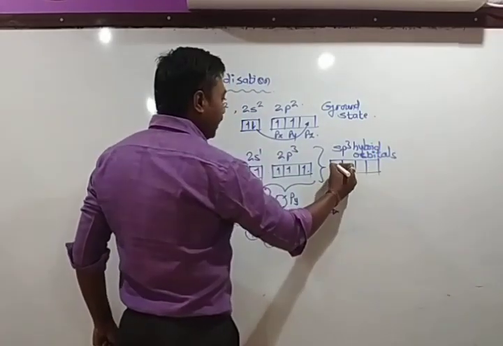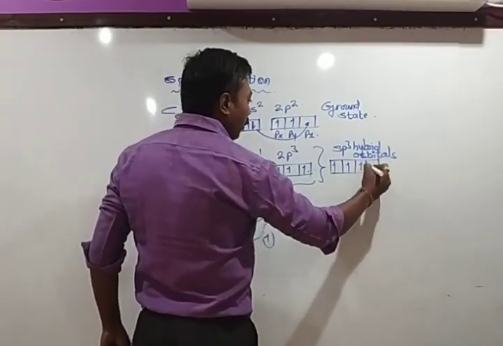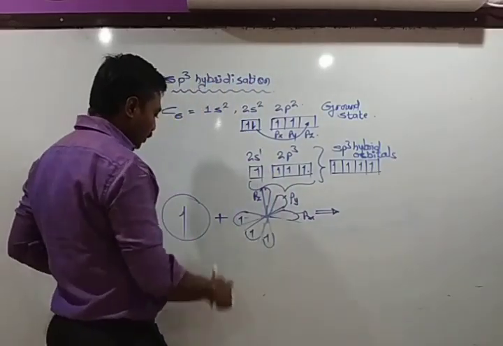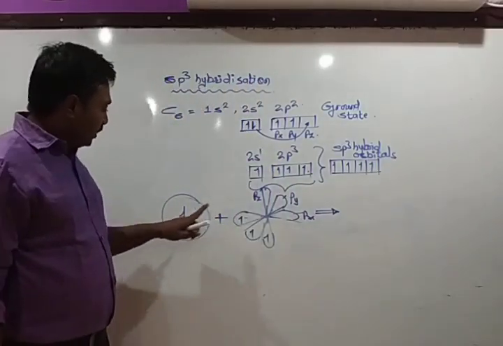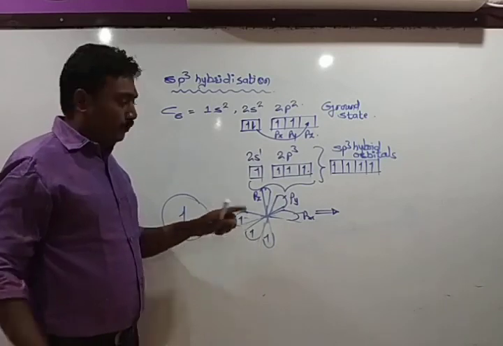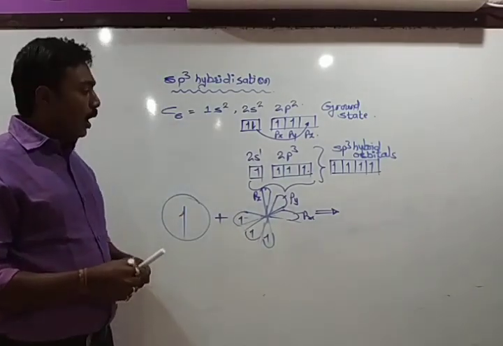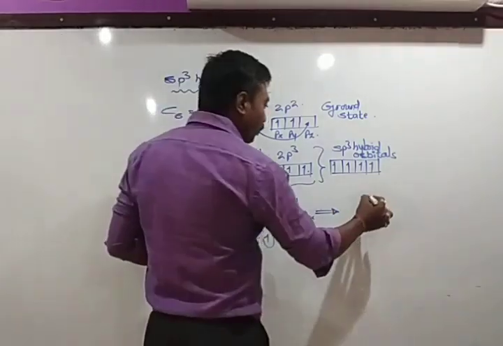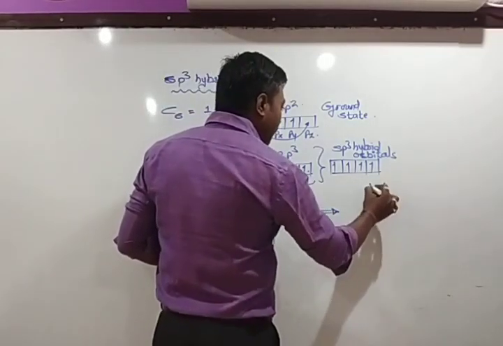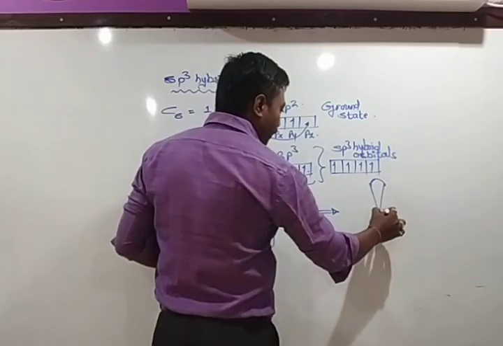They all contain one electron. Due to the combination of 1s and 3p, the four newly formed sp3 hybrid orbitals of equal energy will move to the same distance from each other.